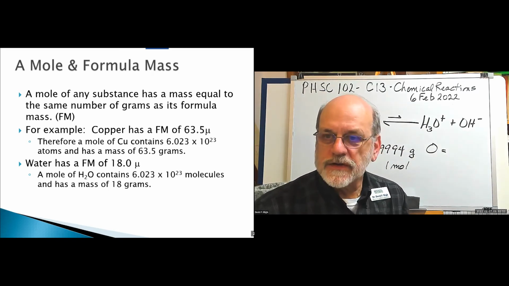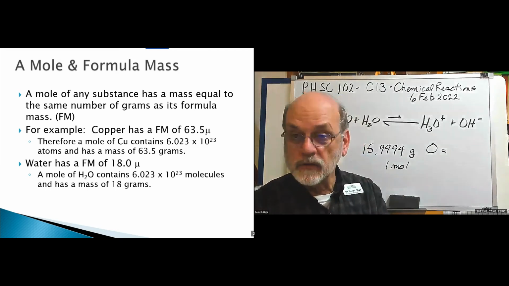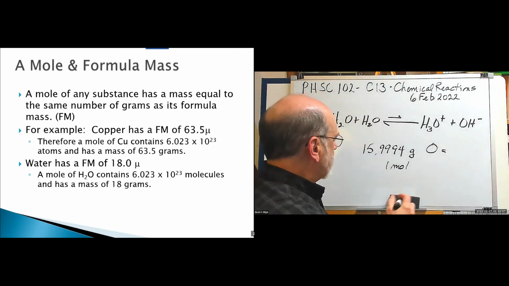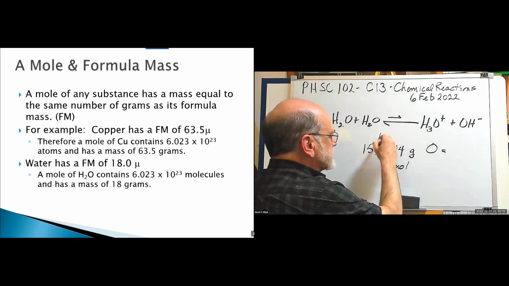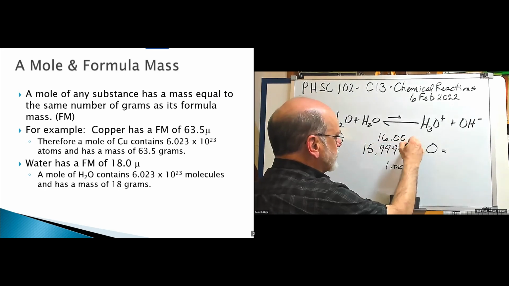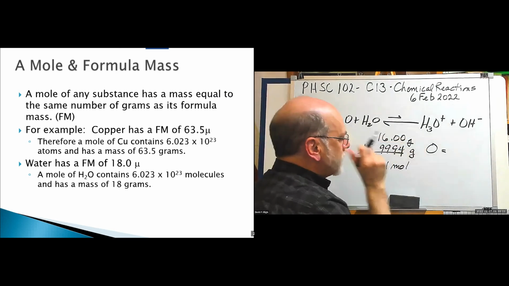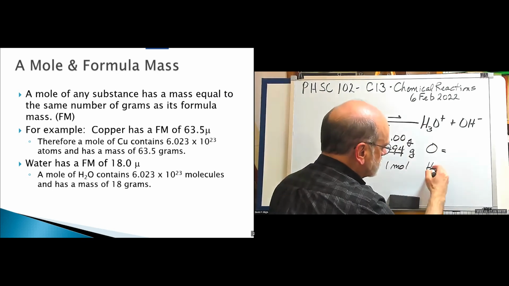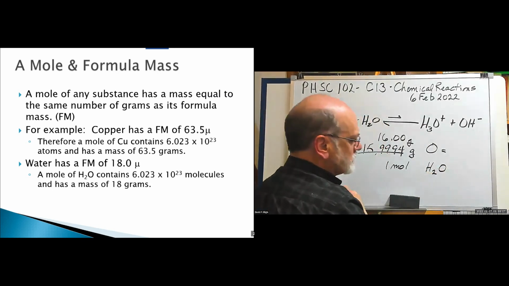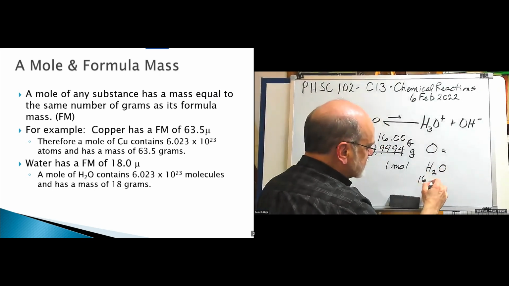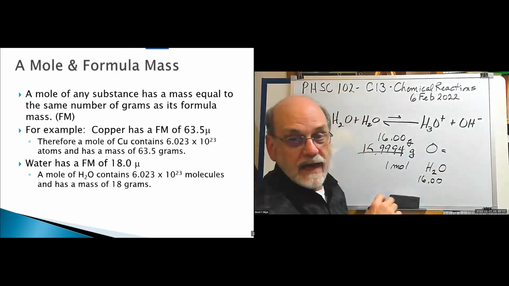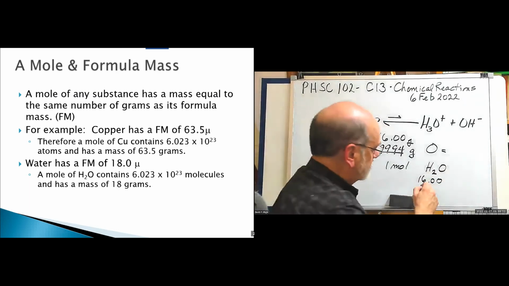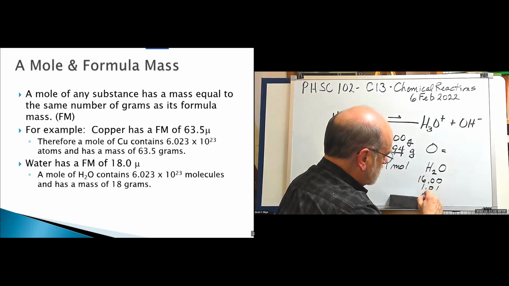Right? So you can do this calculation for molecules too. So if you have, and we can round this off to 16 grams per mole. If you have 2 hydrogens and 1 oxygen, you would add 16 for the oxygen, and hydrogen is 1.01. You got 2 of them, right?